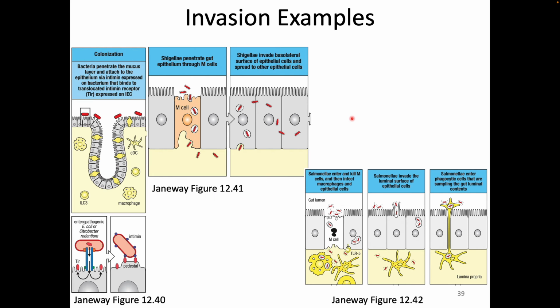This just shows you a couple of examples, though there are so many examples of different types of microbes that can try to invade. So here you can see organisms, I believe this is trying to show you Shigella, but it could be Shigella, it could be Salmonella, it could be a type of E. coli.